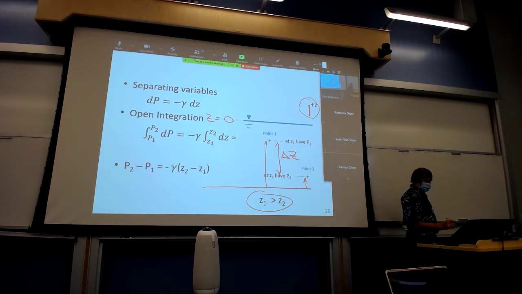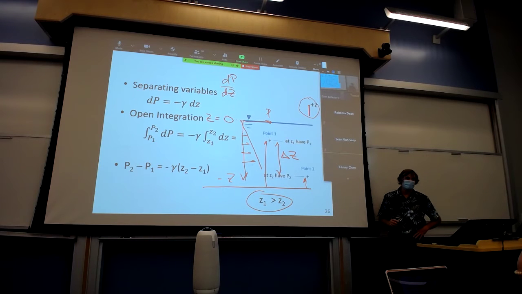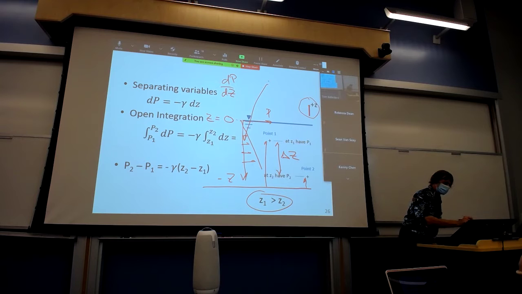And what dP/dz is saying is that as you go down in the fluid, you're increasing pressure. So this is basically the pressure distribution.